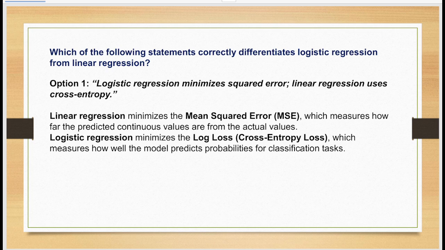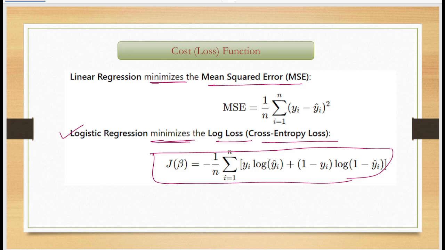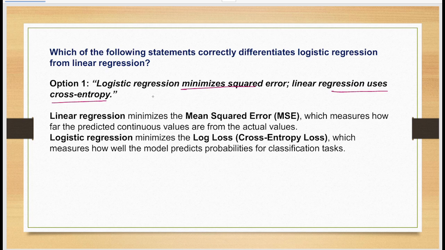The first option says logistic regression minimizes the squared error, whereas linear regression uses the cross entropy. As we have seen, linear regression minimizes the mean squared error, and logistic regression minimizes the log loss or cross entropy loss. That means they have interchanged the options here.